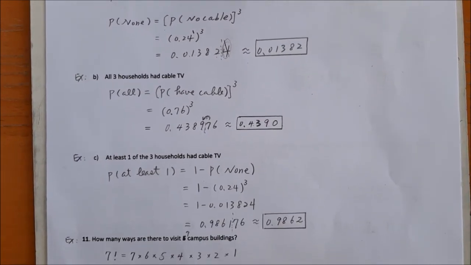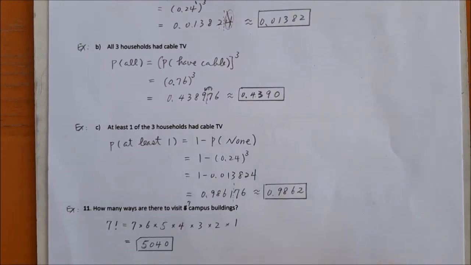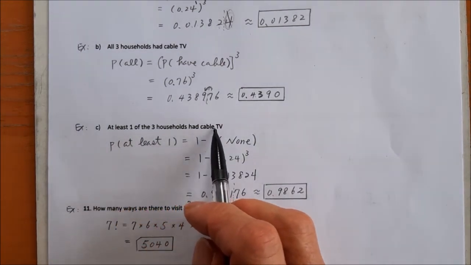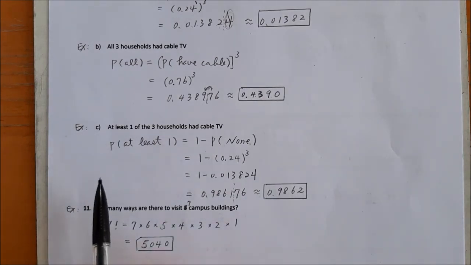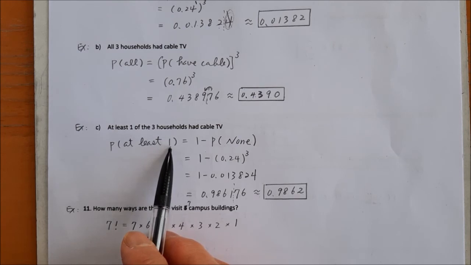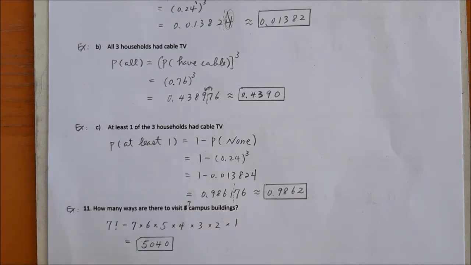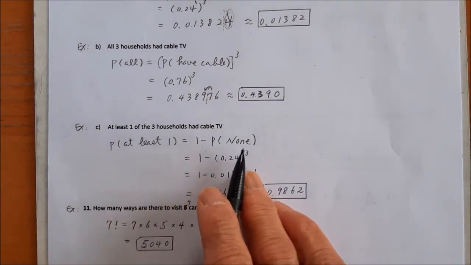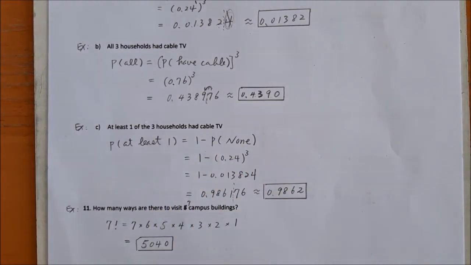Then C. At least one of the 3 households had cable TV. So we need to find the probability that at least one has cable TV. That is 1 or more than 1: 1 household, 2 households, or 3 households. One or more is 1 minus the probability that none of them has cable TV.